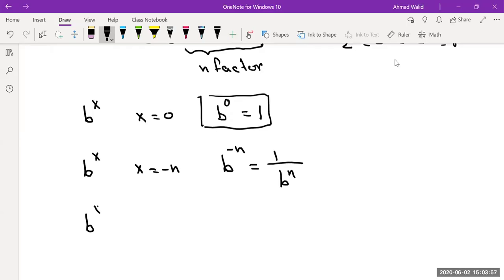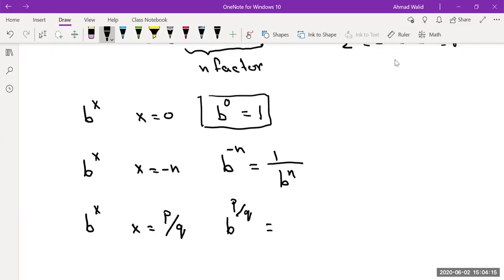One more, if you have b to the power of x and your x is a fraction, for example p over q, then you end up with b to the power of p over q.